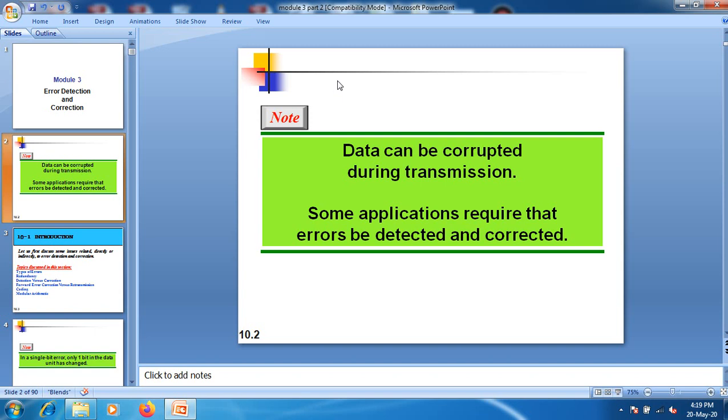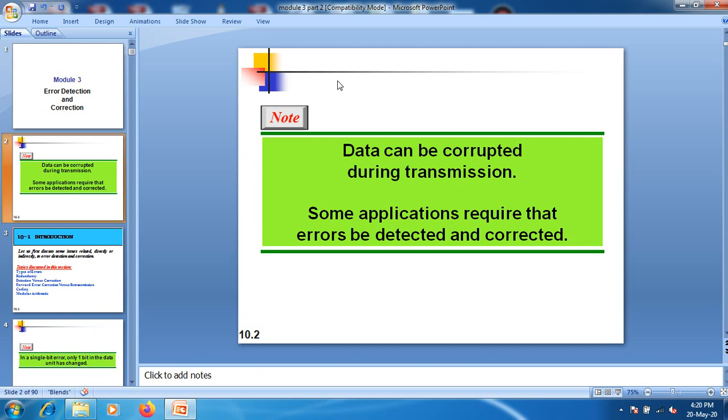Data can be corrupted during transmission. Whenever we transmit information or messages, these messages or data have to pass through a number of hurdles, because at the physical layer we don't have an ideal channel that transmits your information perfectly.